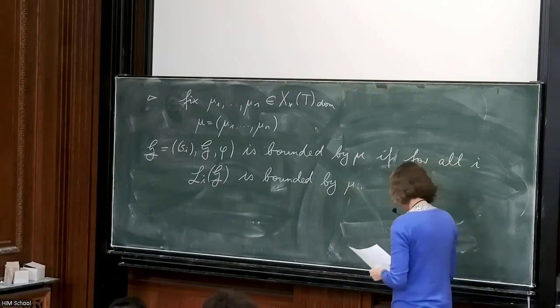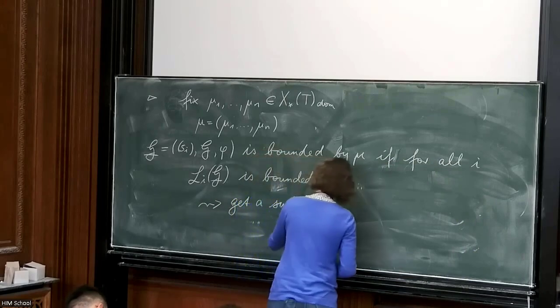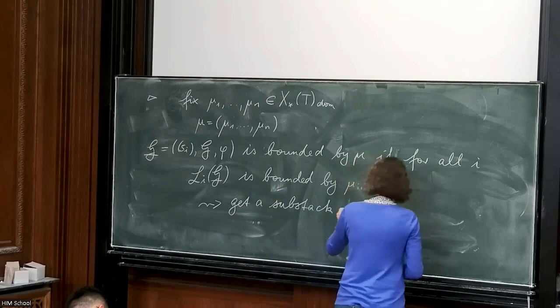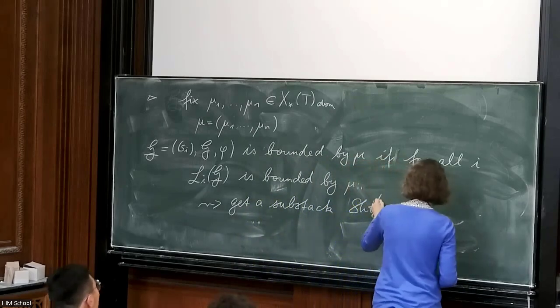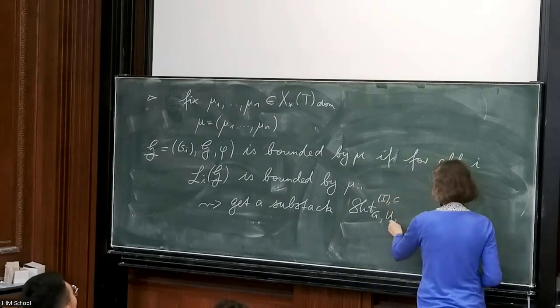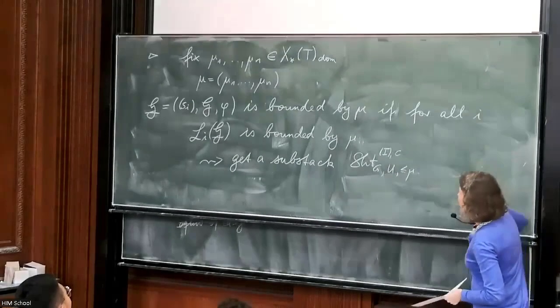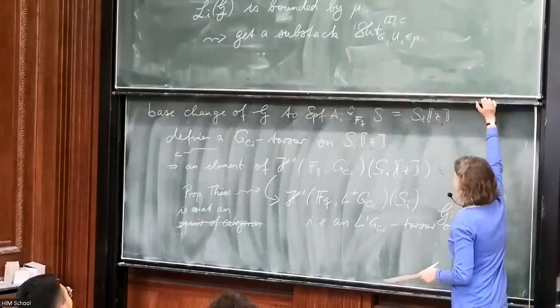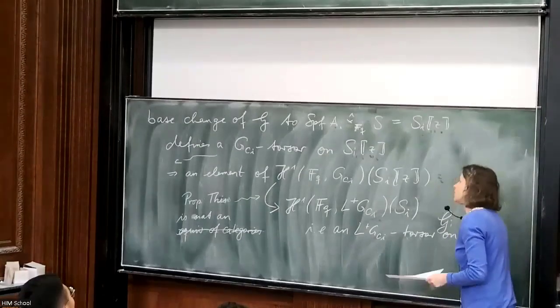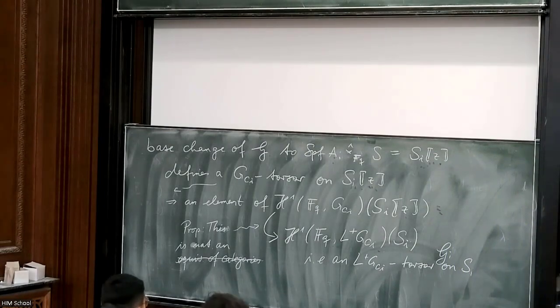Okay, and in this way we get again a substack of G-Shtukas with modifications corresponding to I, level structure for U, completion in C, and bounded by μ. Okay, so this is all the conditions that we want to impose. As I said, the bounds are slightly different from what one usually does, but this is the one that works well if one wants to compare local and global.